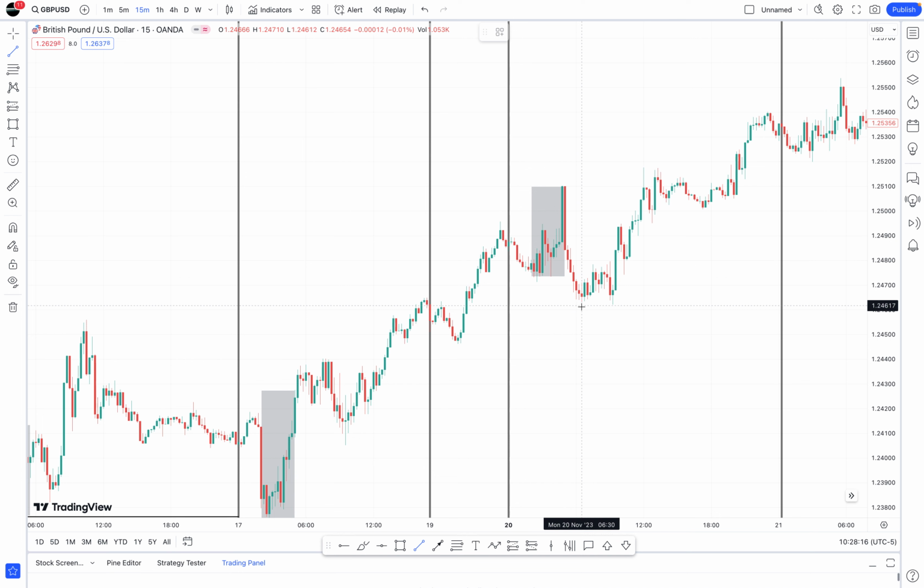So this is expected low of the day, gets run out, expected high of the day, gets run out. And the high of the day comes in at this time, 7:15. 2 o'clock till, I think that's a 5 o'clock candle.